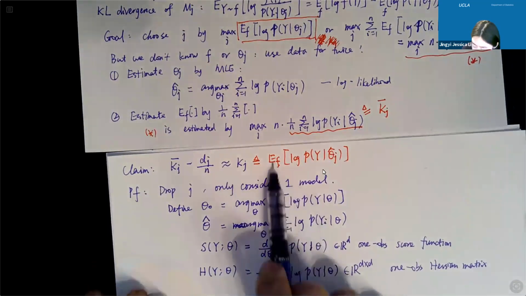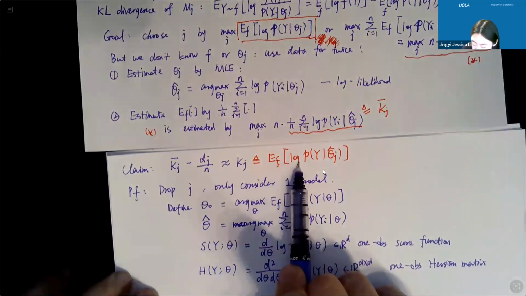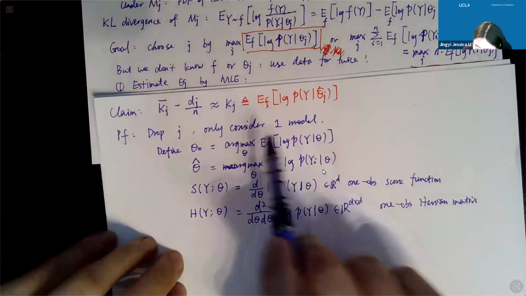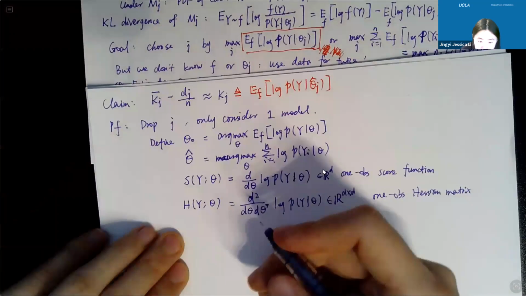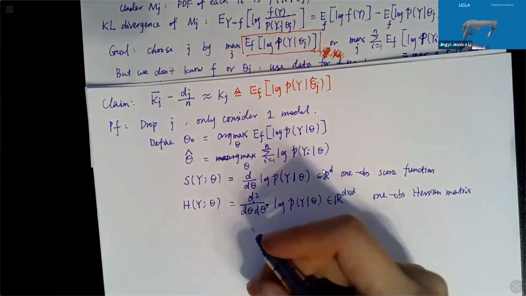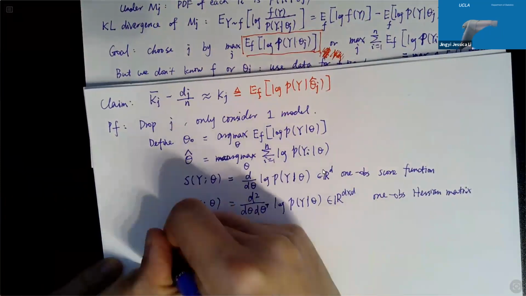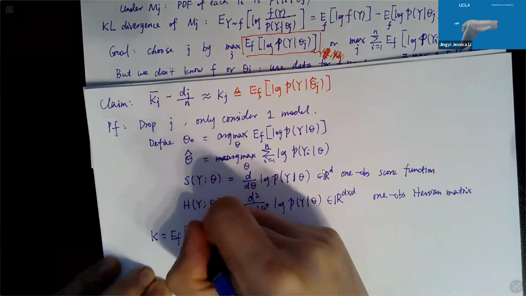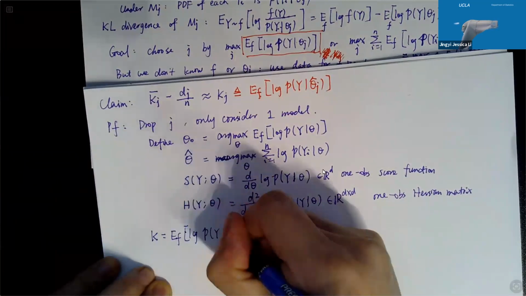So with this, now we have this Kj defined in this way. And after we drop the sub-index j, we are going to write our K as, okay, K is defined as the expectation under F of log Py given theta hat.